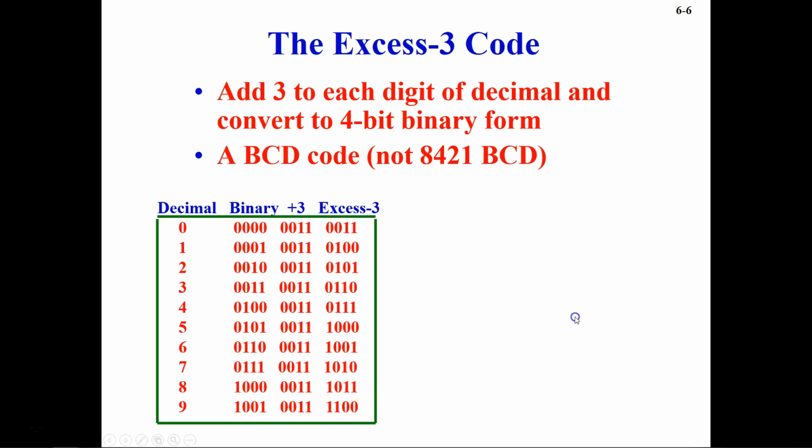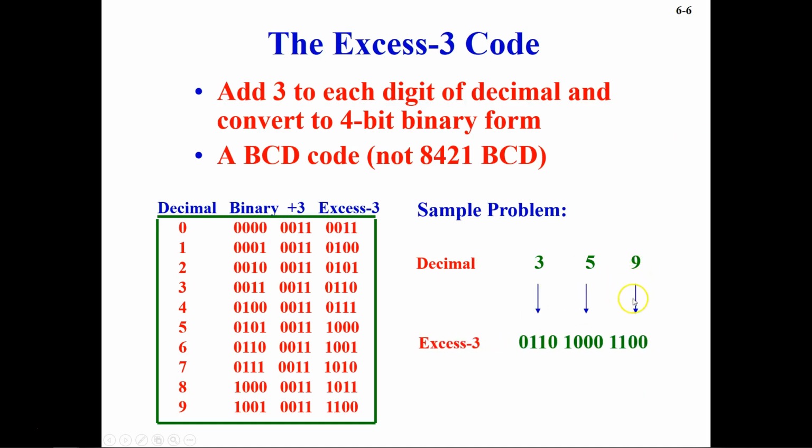Now let's see some sample problem. We have to convert decimal 359 into excess 3 code. So at 9 you will have 1100. So that's what you have for excess code. At the decimal 9, you have excess code 1100. That's what you see here.